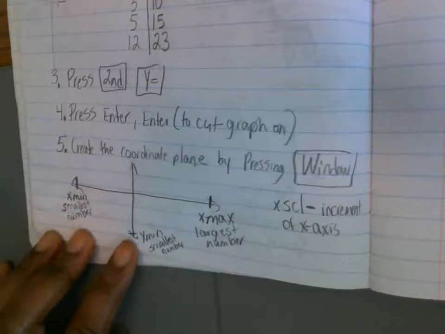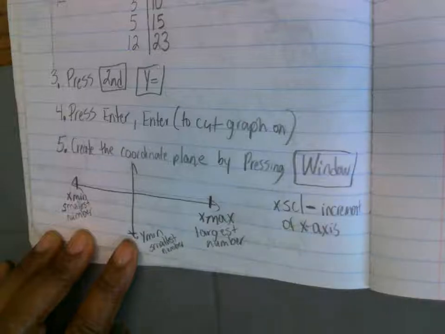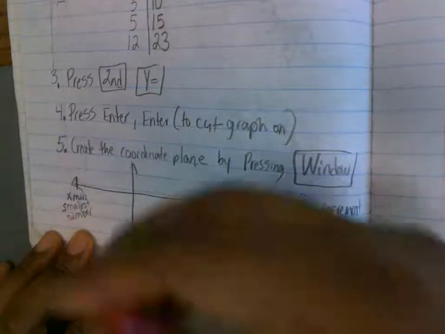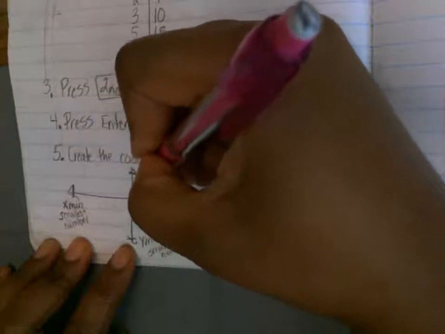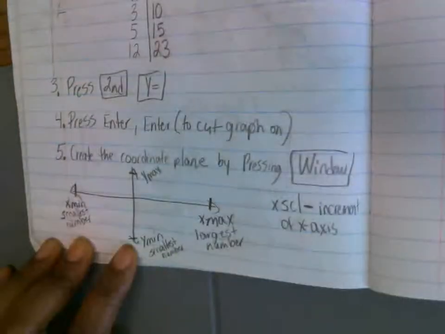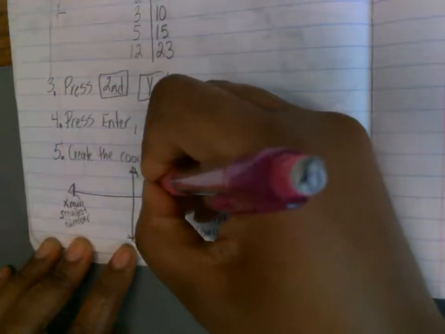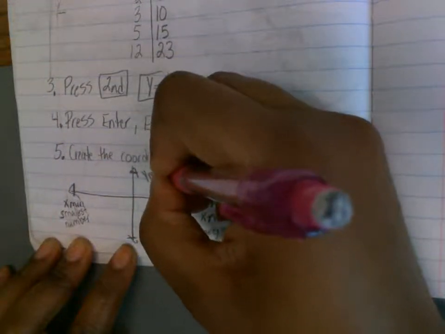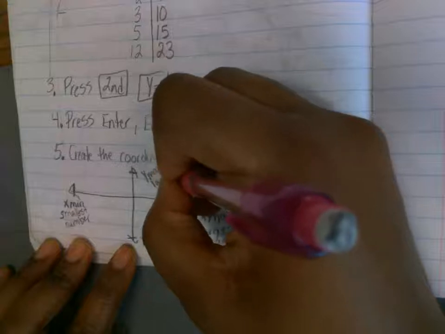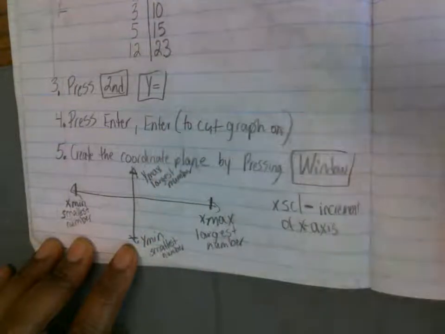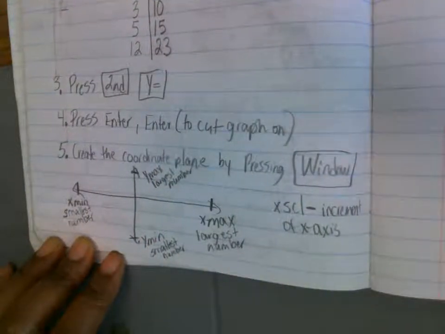Your y max is going to be the largest number on the y-axis. Okay, so y max is up here. It's the largest number on the y-axis.